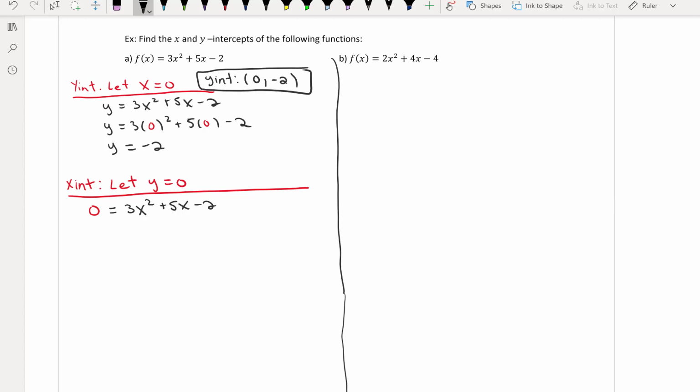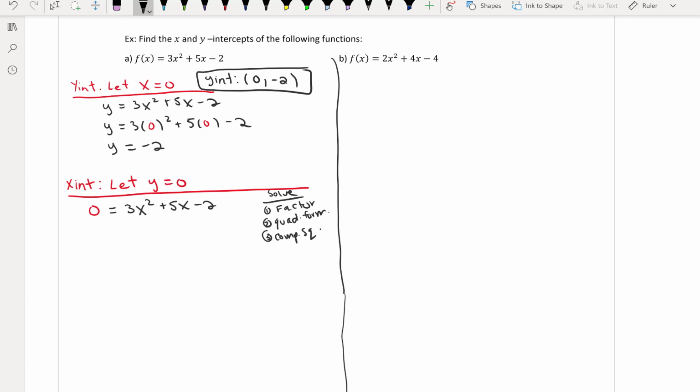Remember, in order to solve for this, there's a couple of things you can do. You can factor, you can use the quadratic formula, or you can use completing the square. Those are the 3 different methods that you can use to solve a degree 2 polynomial.